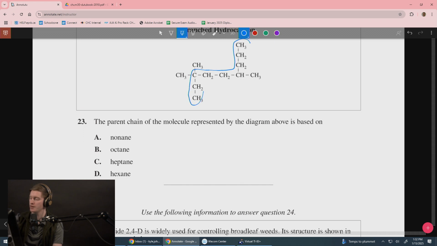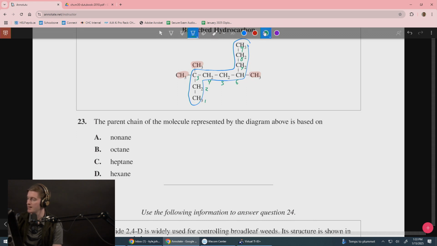And our parent chain has 9 carbons in it. We would number this parent chain if we were naming it. They're not asking us to name it from this side so that we get our branches or substituents on the lowest numbers. So this would be not bad practice to name it. If you are studying for your chemistry diploma, let's number it, let's name it. Here's our longest parent chain, and then we have methyl branches on carbons 3 and 6.